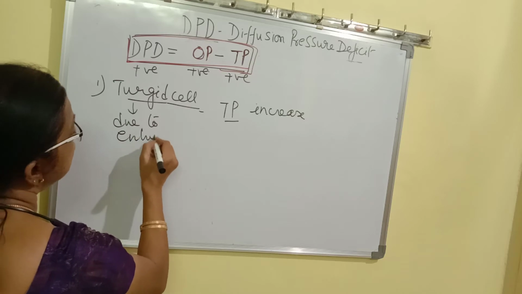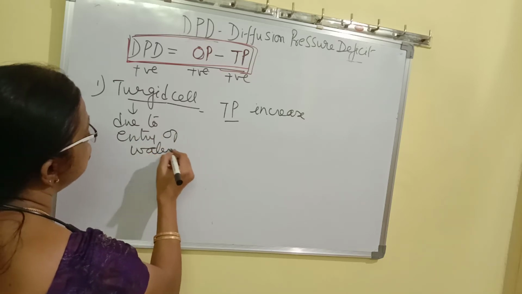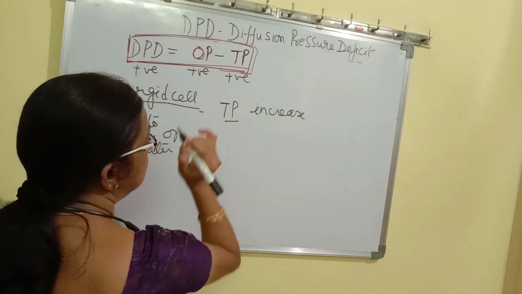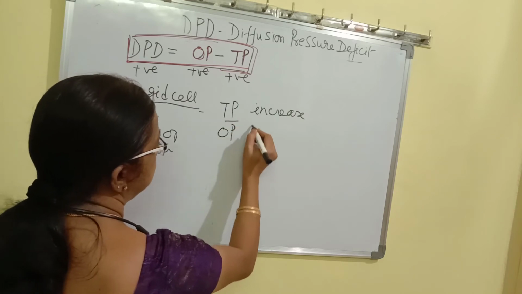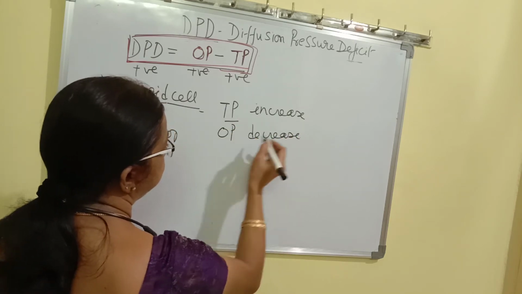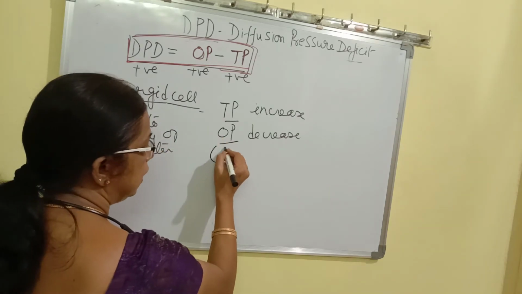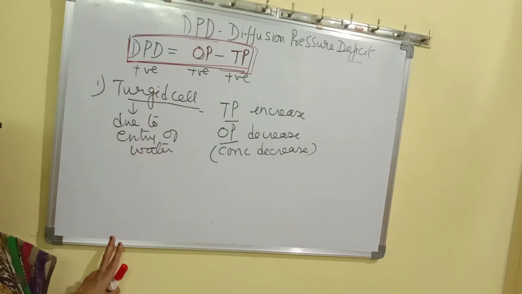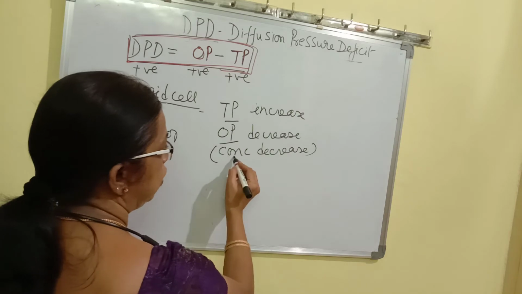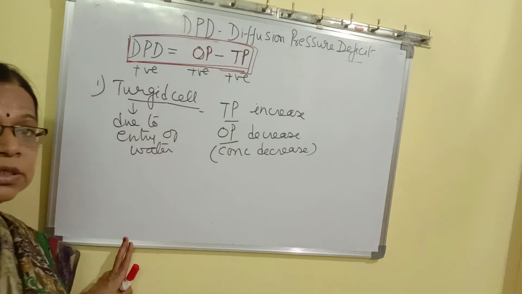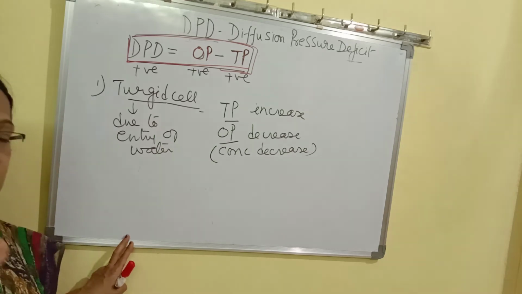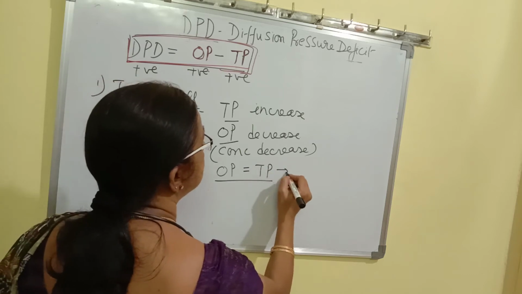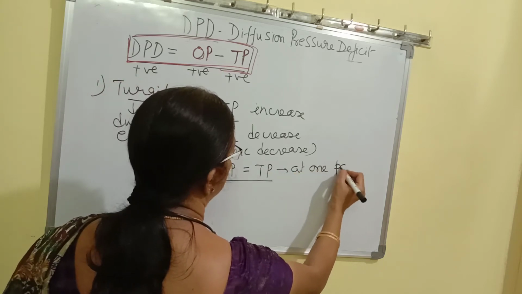When water enters into the cell, turgor pressure increases and osmotic pressure will decrease, because due to entry of water the solution will become more dilute. So concentration will decrease, and when concentration decreases, osmotic pressure decreases. Turgor pressure will increase, so at one point both will become equal.